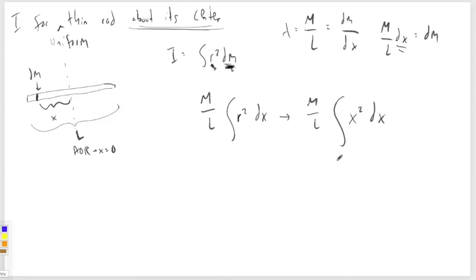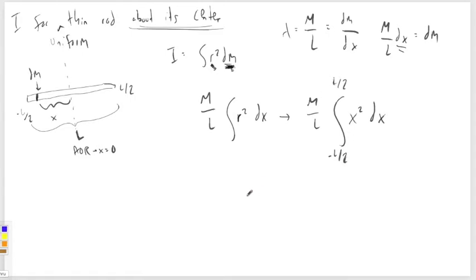What are my bounds of integration? Well, I'm adding up all these little mass pieces, and you can see that they're going to have a radius, a distance away from the axis of rotation, that varies from negative L over 2 to L over 2. So those are going to be my bounds of integration. This is a really simple integral.